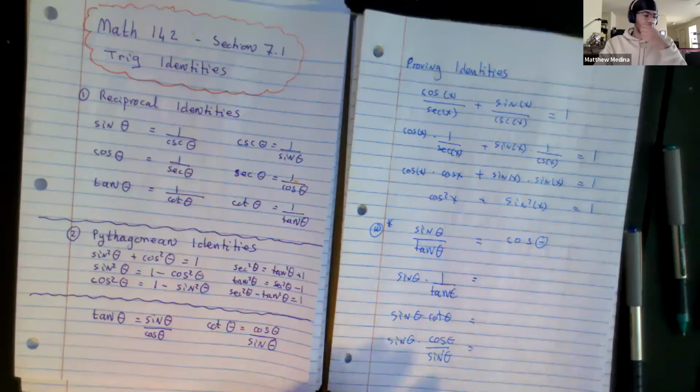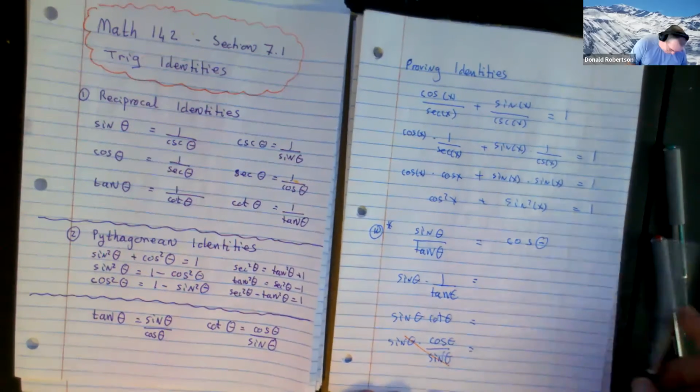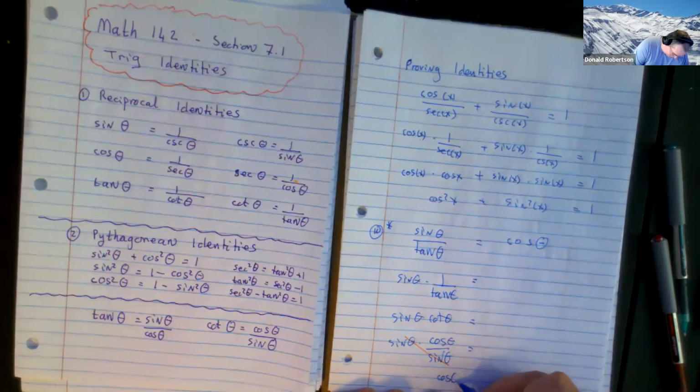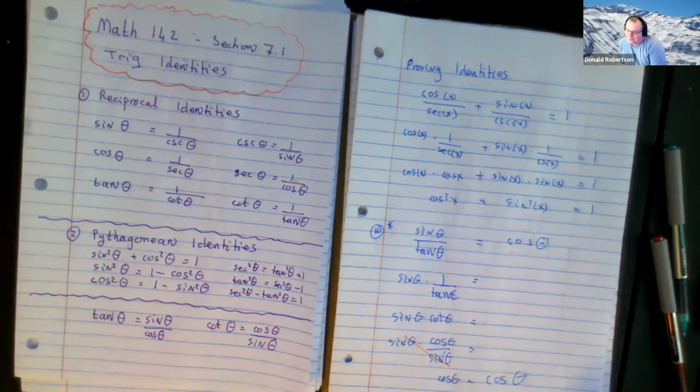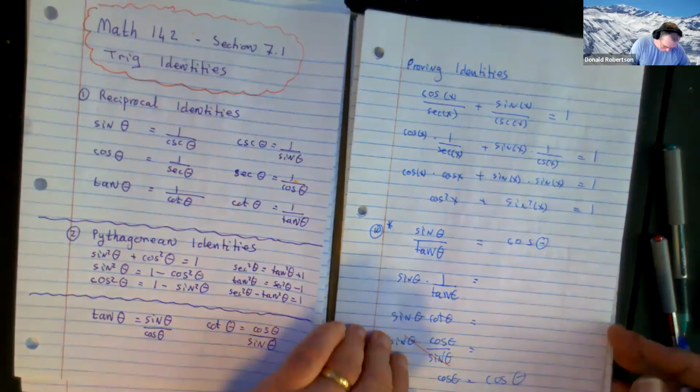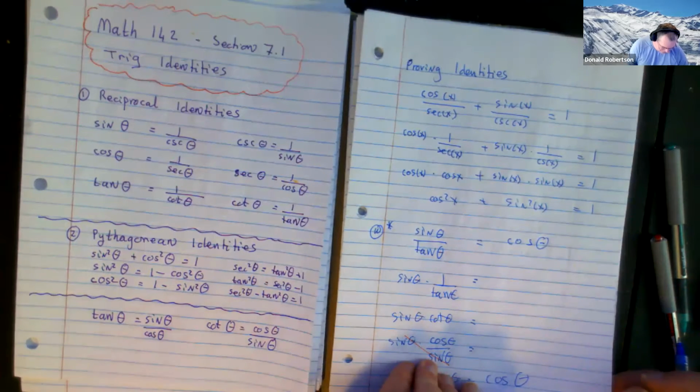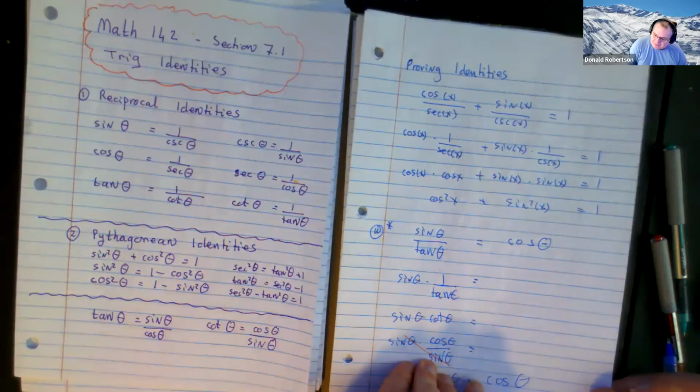We could cancel out cosines. And if you do, bingo, right? You proved it. Yeah, you got what you needed, right? You got a cosine. Sneaky. Cool.